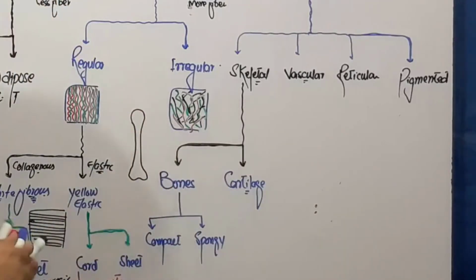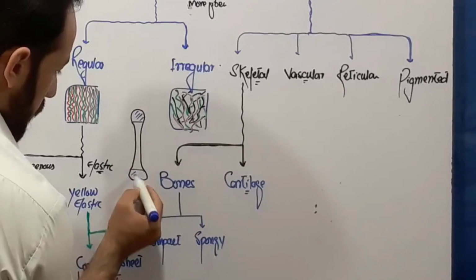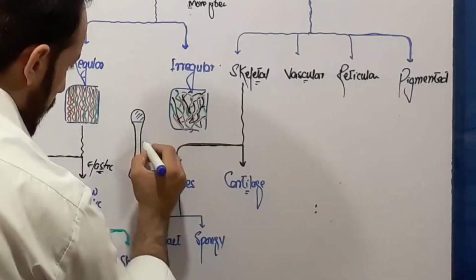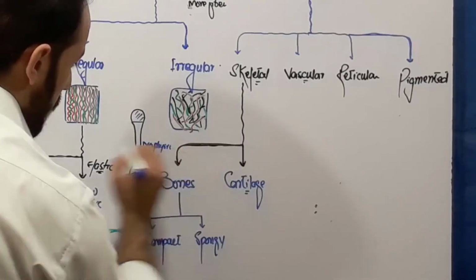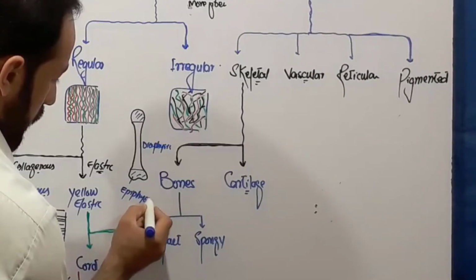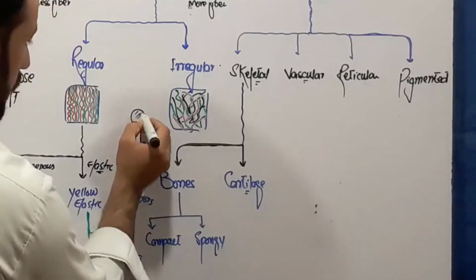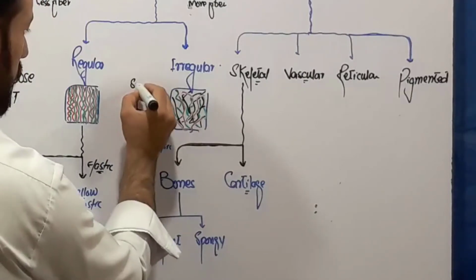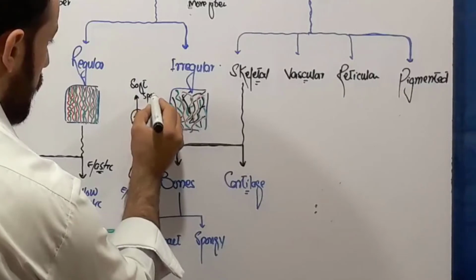This is the proximal epiphysis, and this is the distal epiphysis, and this is the diaphysis, I mean shaft of the bone. And we know that in these epiphyses the bone is soft bone or spongy bone, we say spongy bone.